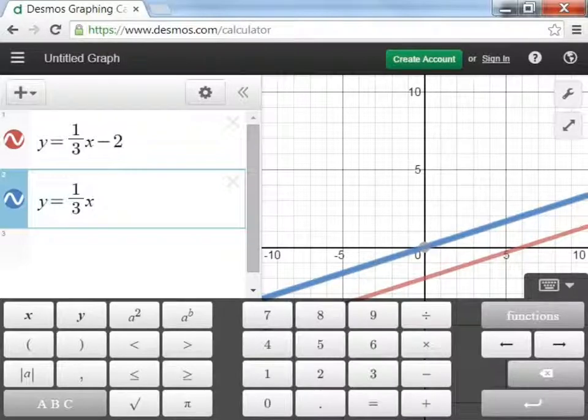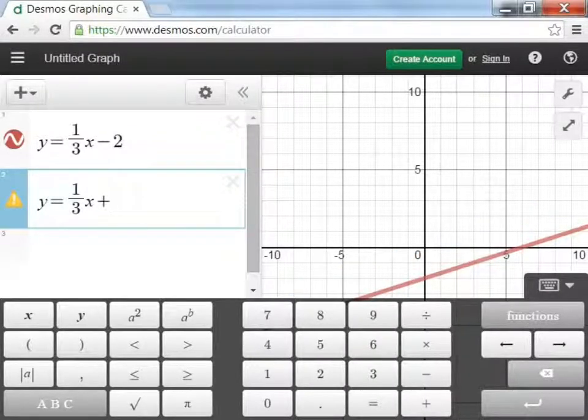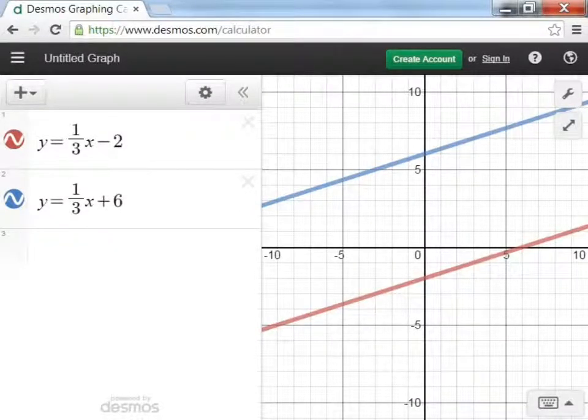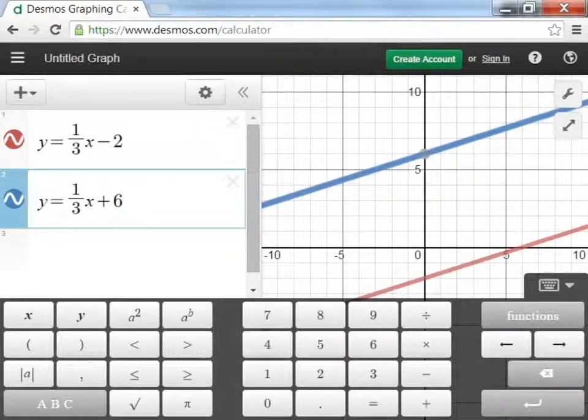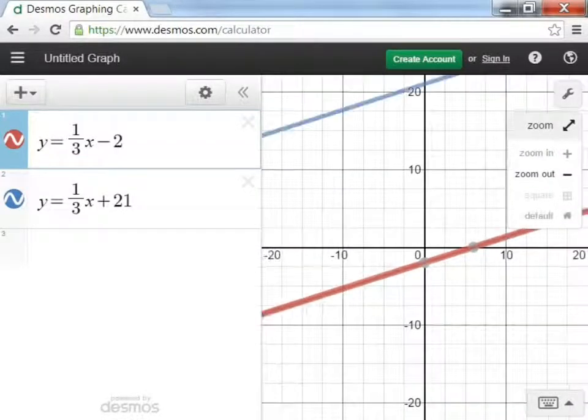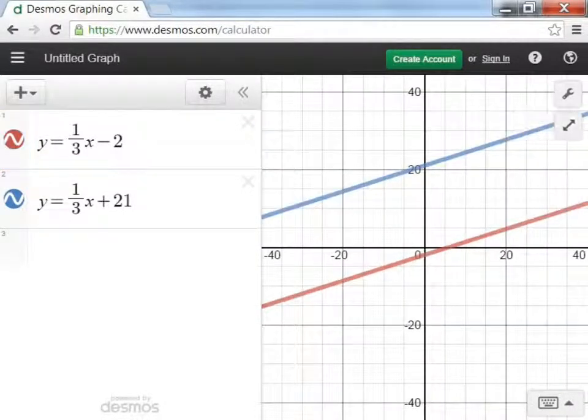Yeah, give me a number. 6. Okay, so I just threw in plus 6. Are they still parallel? Yeah. What about if you put 21? If I pick 21, it will also be parallel, but 21 is too far up, so I have to zoom out a little bit. I still have parallel lines.